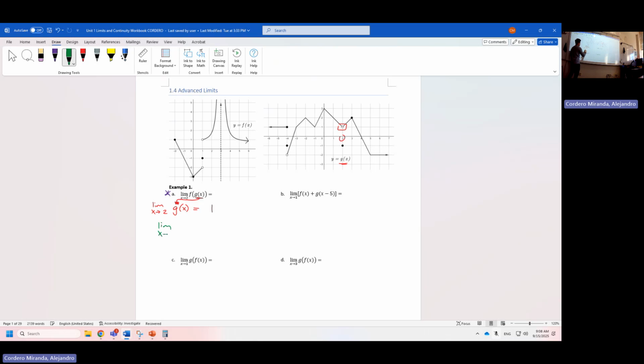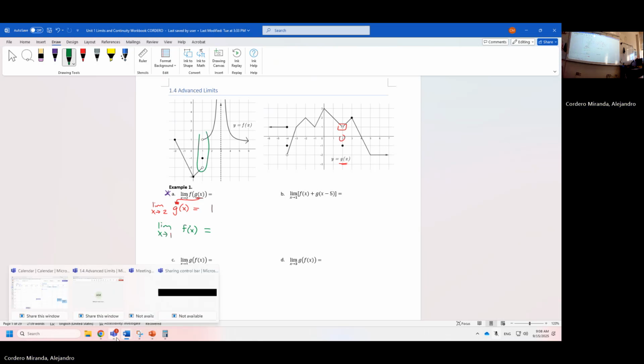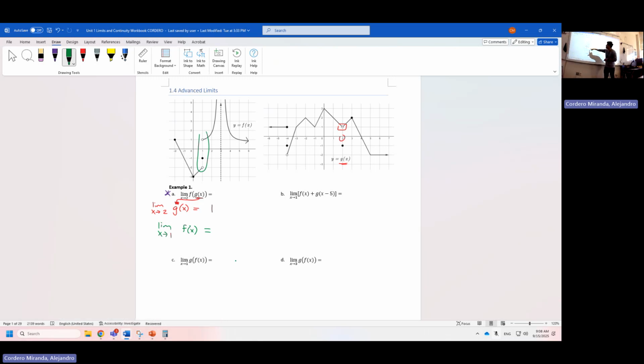limit as X goes to 1 of F of X, you go to answer this question, and then you frown because, oh, shoot, that's the one place where that limit doesn't exist. So you're tempted to say that this limit doesn't exist, but back up a little bit because G approaches 1 in a very particular way.